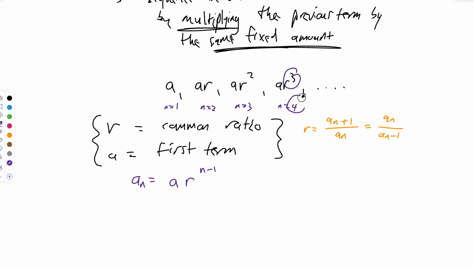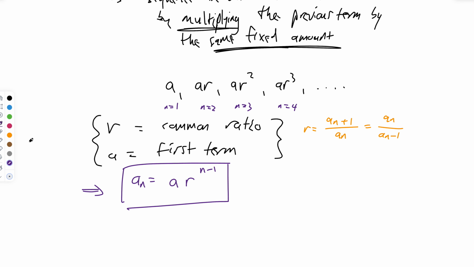I take one less than the term I'm trying to find, right? If I'm trying to find the fourth term, I'll take 4 minus 1, I'll get r cubed. If I want to find the third term, I'll take 3 minus 1 to get 2, and the process will repeat, yeah? So this is going to be our general term for a geometric sequence, right?